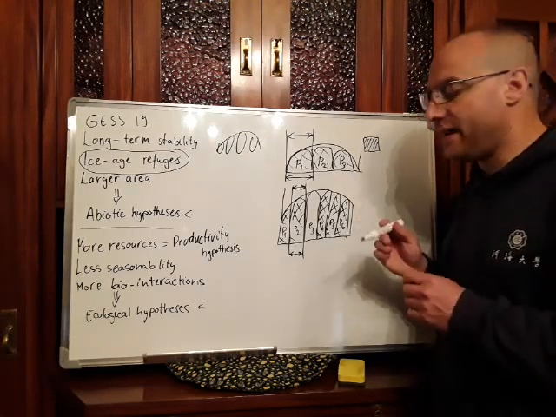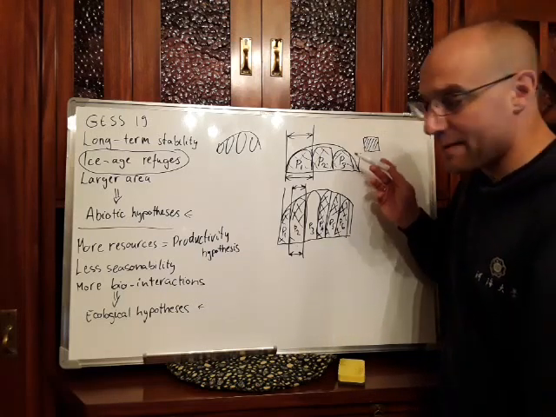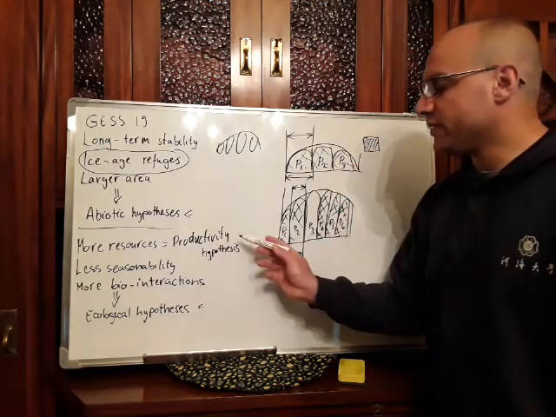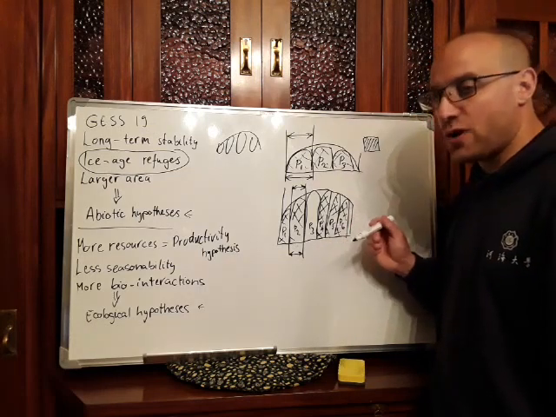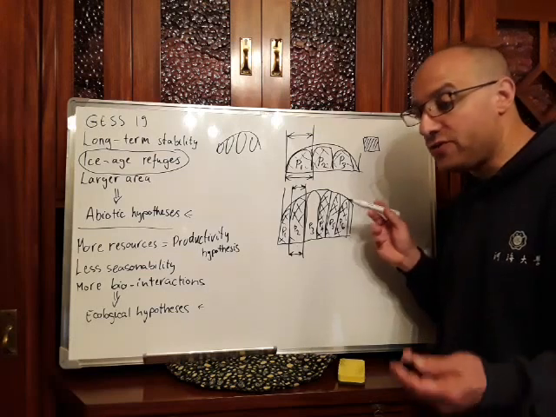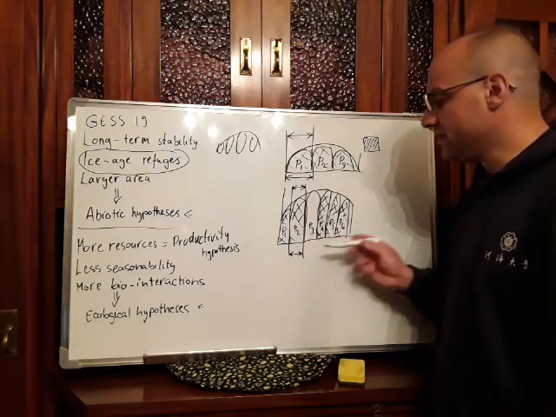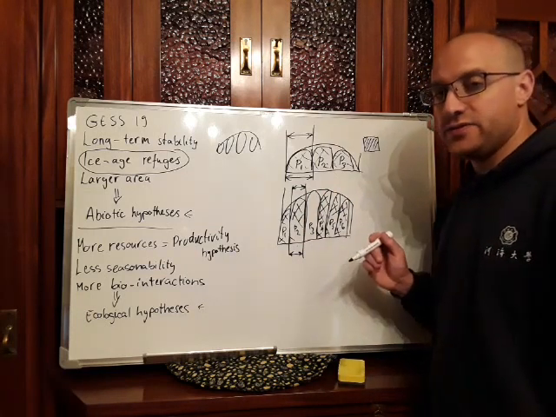But in the case of animals, it's much easier to make examples about this kind of theory of the productivity hypothesis. How in the tropics, because the amount of resources, energy in general, food would be present, there could be more species existing next to each other.